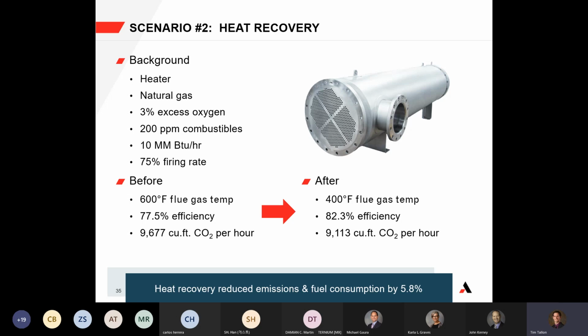And from a big picture, looking at the carbon emission standpoint, you would reduce your fuel consumption and your emissions by 5.8%. So that's also just reducing stack temperature, preheating air. That combination of preheating combustion air provides an additional 5.8% reduction. So a different way to look at greener combustion, decarbonizing in industrial combustion applications.